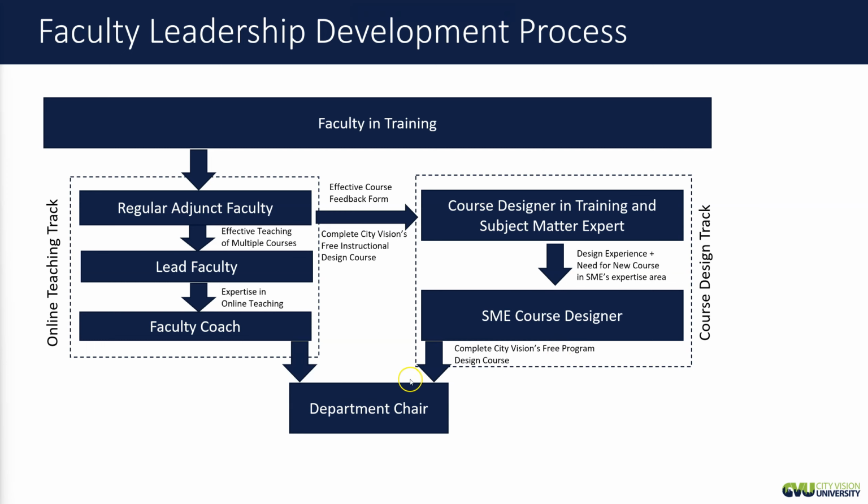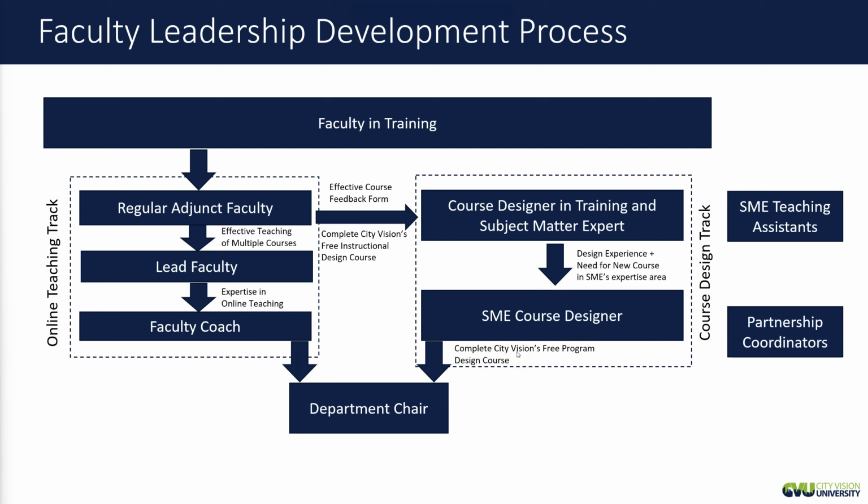A department chair needs to be able to coach the faculty in their department, and they need to be able to own the course content for at least a significant portion of their department. And we have a free course in instructional design and a free course in program design that you can go through to learn these things. And then we have some teaching assistants and some partnership coordinators.